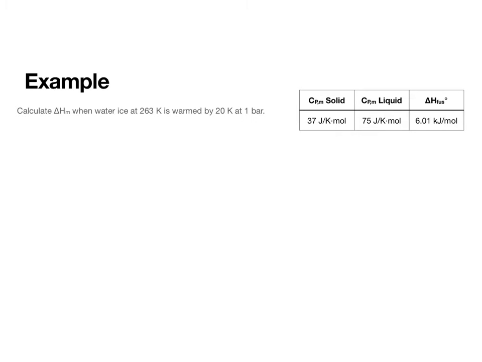Okay, so let's work through an example. In this example, we're going to calculate delta H when water ice is at 263 Kelvin and it's warmed by 20 Kelvin at 1 bar. And so to start off these problems, I like to draw a diagram. And that's just so that I can really get myself organized as to what's going on. And so I'm going to start at 263 Kelvin.